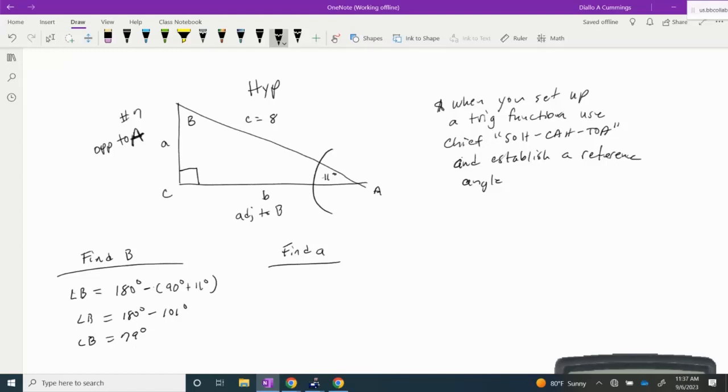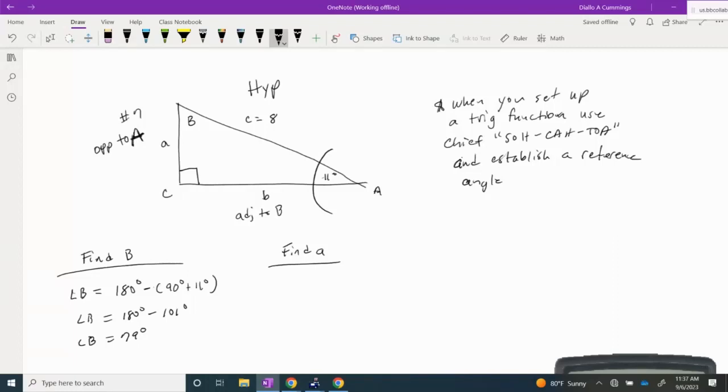So what trig function, right, SOH-CAH-TOA, could I use to find side A? Well, let's take into account what we know. A is the only thing that I don't know, which is the opposite. But I know the hypotenuse and I know my angle measure. So if I have an opposite and a hypotenuse, I can set up what kind of trig function?